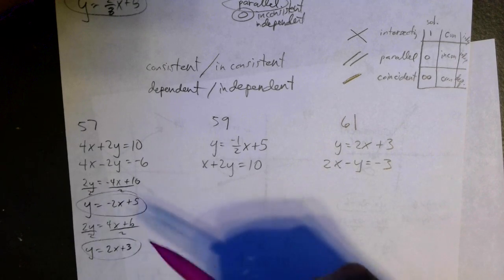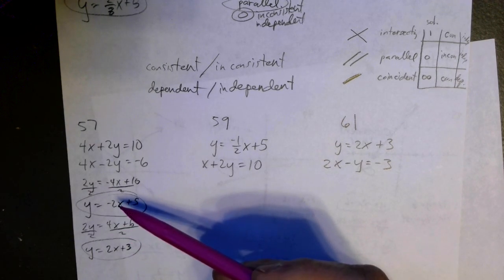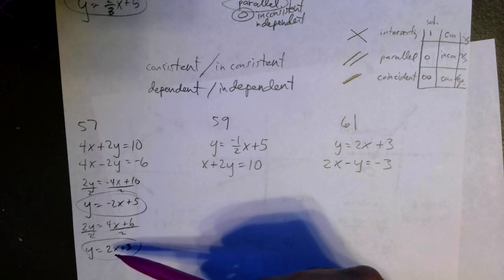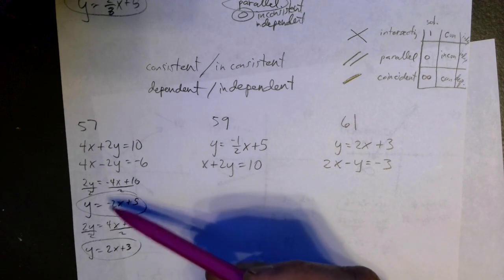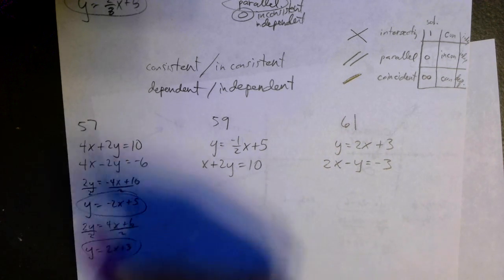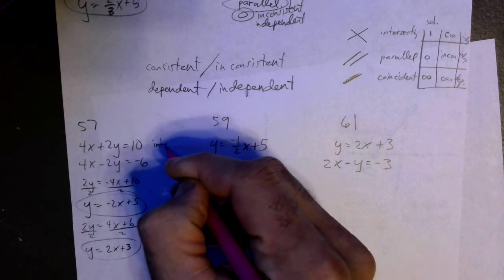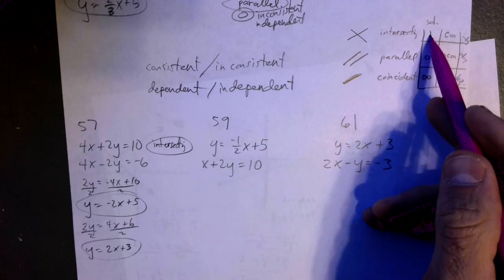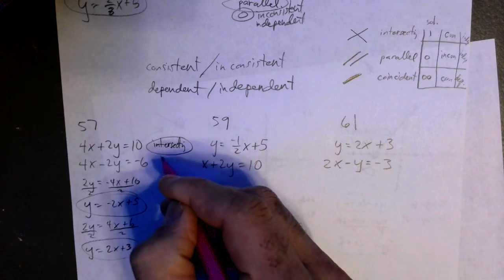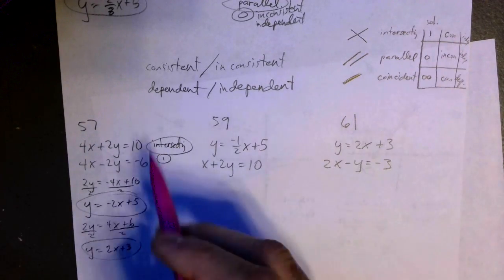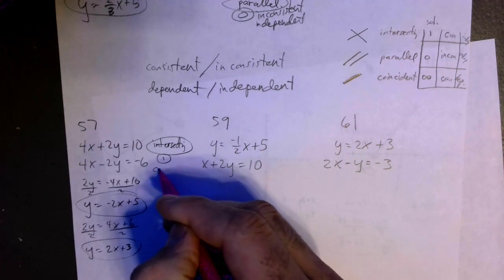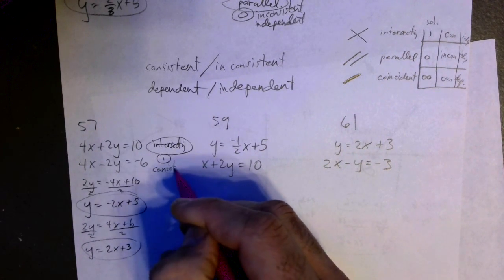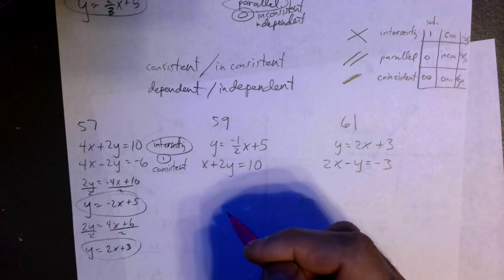Okay, compare our 2 lines. Are the slopes the same or different? They're different. Negative 2 and 2 are different. So they are intersecting lines. Intersecting lines, and there is one solution. And because they cross, have at least one solution, they are consistent.